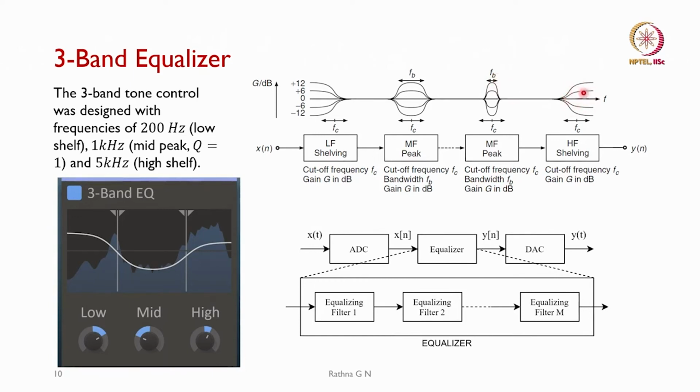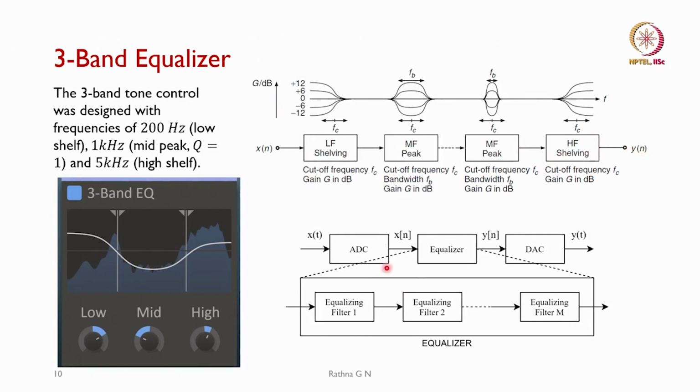In the last stage you have the high pass filter, the high filter shelving, given with cutoff frequency FC and gain G in dB. Whatever dB you want to select you can select, and y of n is your output.